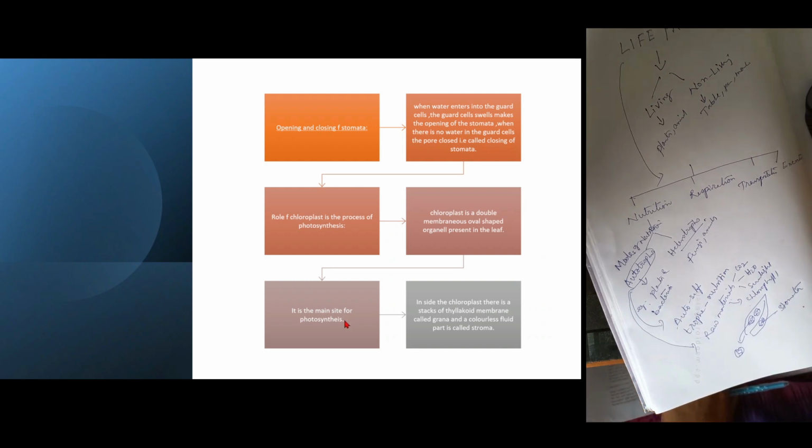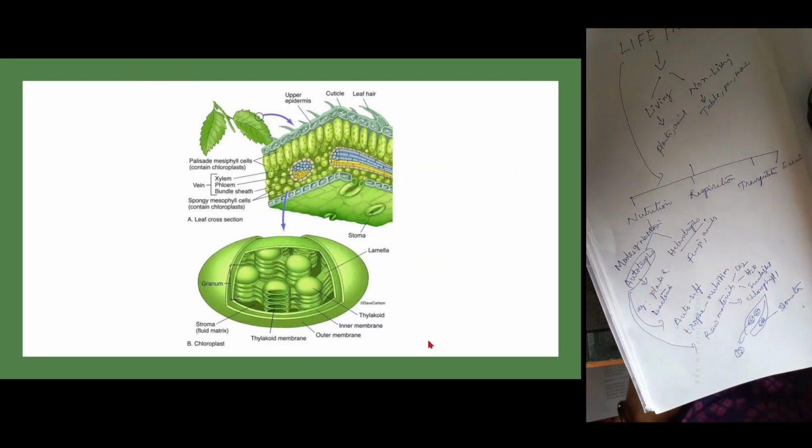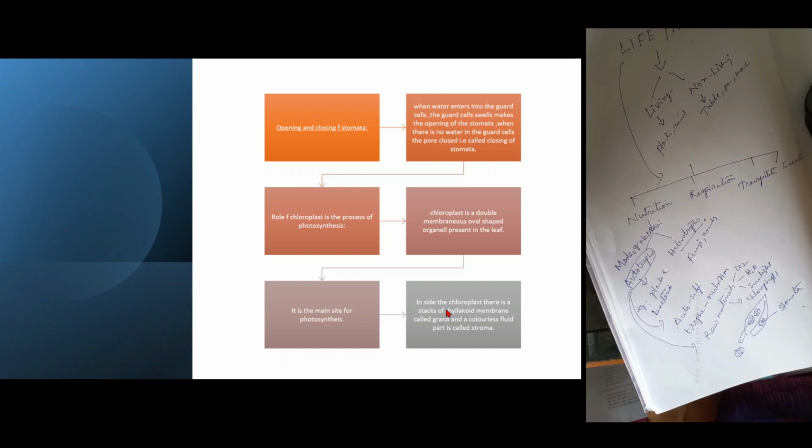And see here. Next, the chloroplast is double membranous, as you have seen. It is oval in shape and it is one of the organelles of the leaf, and it is the main site for photosynthesis. Inside the chloroplast, as I have shown you in the picture, it consists of many stack-like structures made of thylakoid membranes, called the grana.